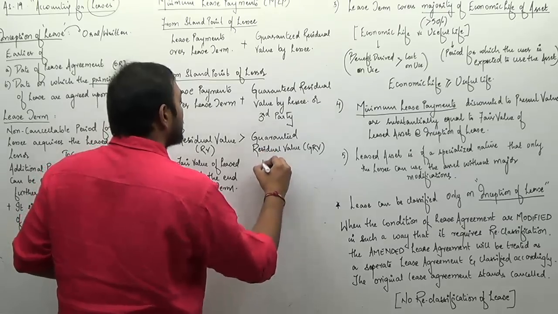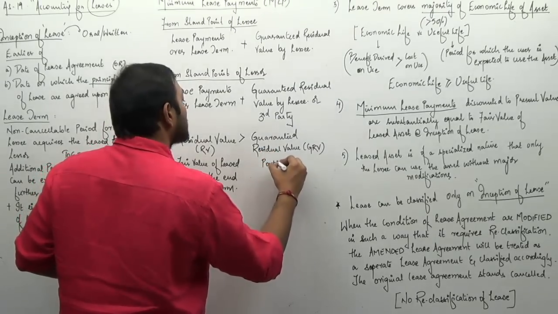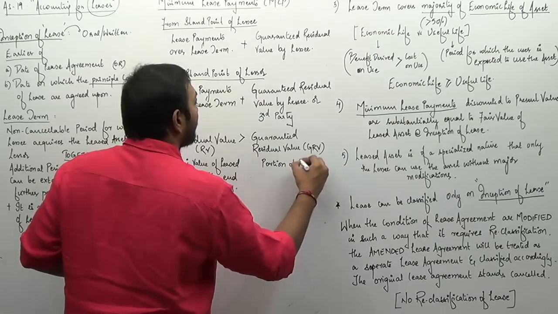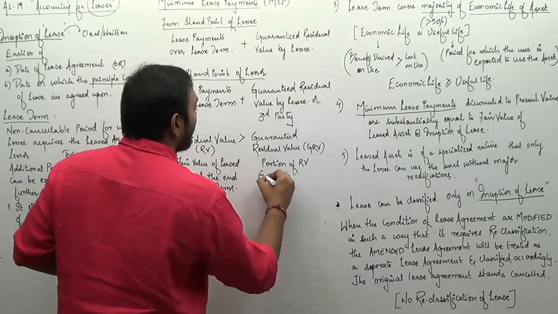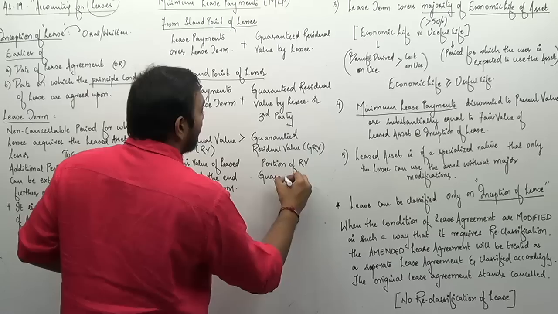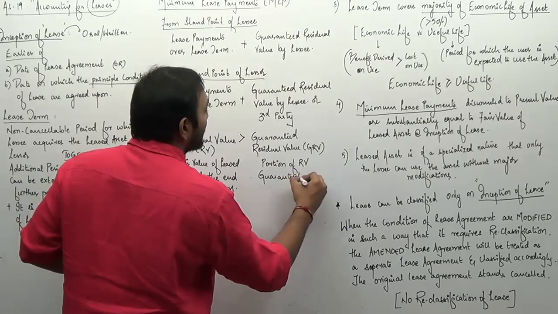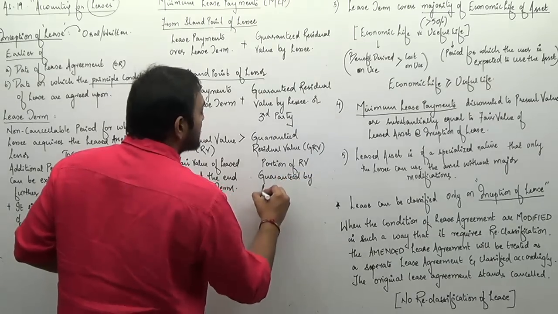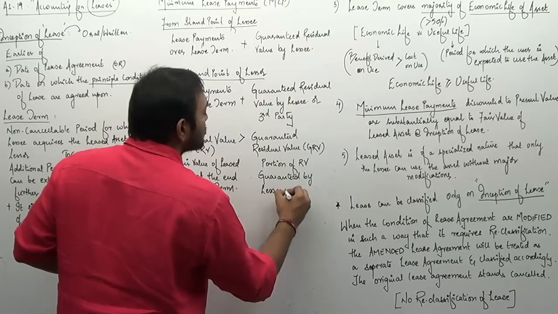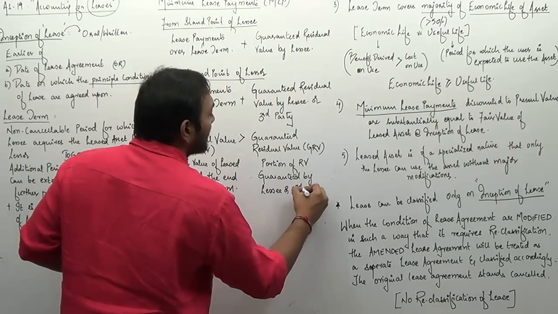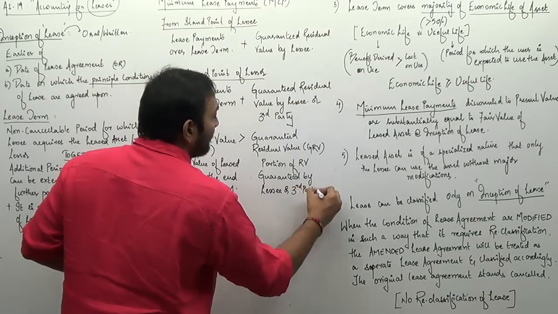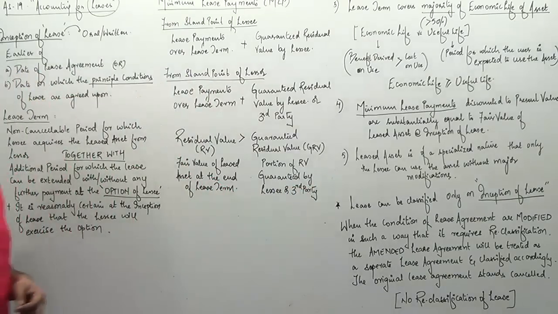Guaranteed residual value is a portion of residual value guaranteed by, who is guaranteeing? Either the lessee guarantees or some third party will guarantee. That portion of residual value is guaranteed by the lessee or a third party.